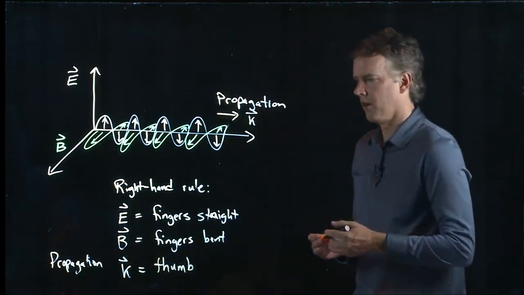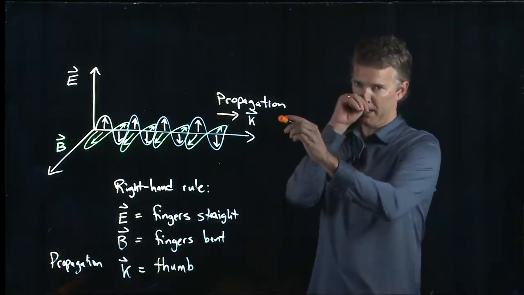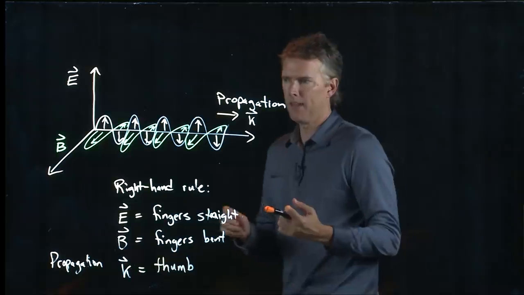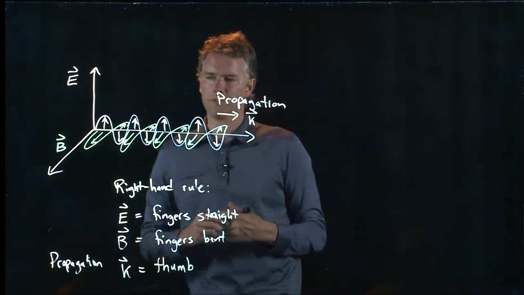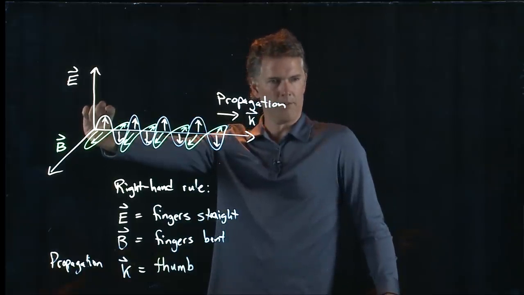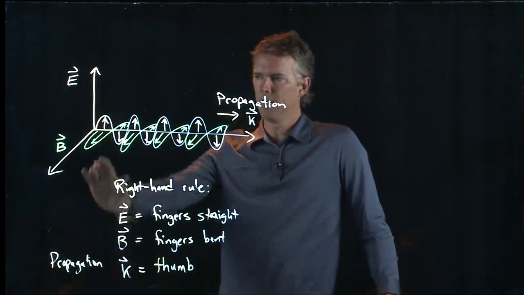Okay? So let's try that with this picture and see if we can convince ourselves that it is true. And let's look at the first instant of time. In the first section of this wave, I have an E field that is pointing up.